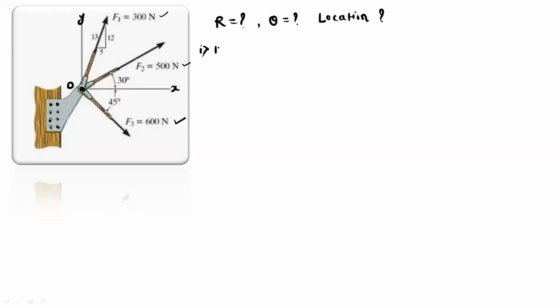So the first step is we have to resolve the forces. You can resolve the forces on the given diagram, or you can draw one separate diagram. So take this point as the point of concurrency or origin. This is the y-axis.